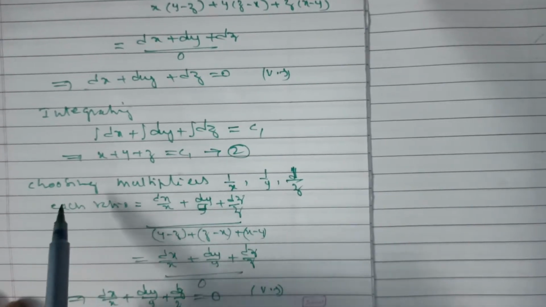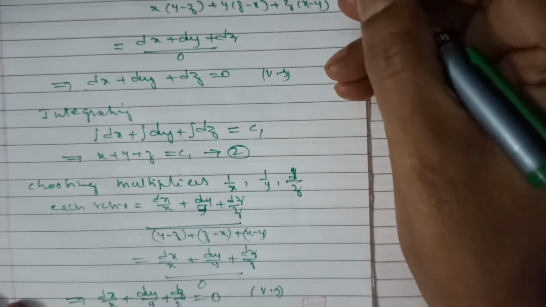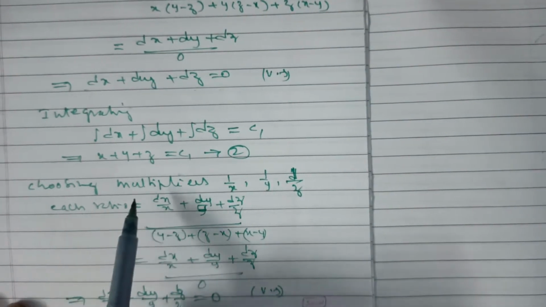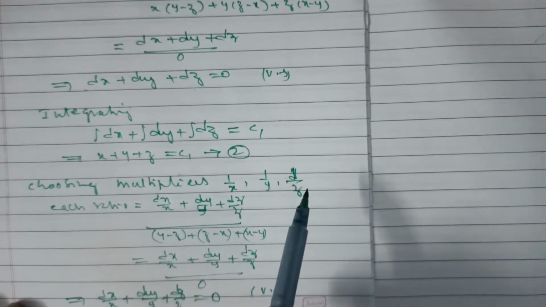Equation 2. Next, again to make the denominator 0 in these ratios, choosing multipliers 1 by x, 1 by y, 1 by z.